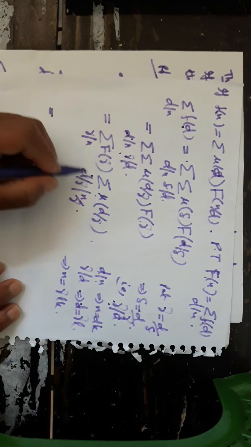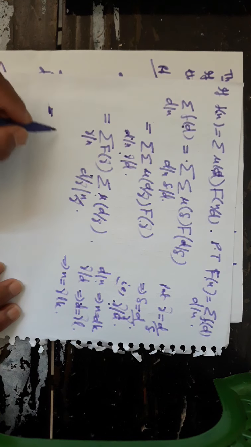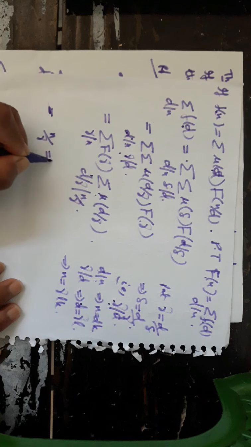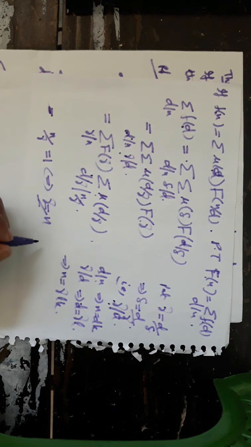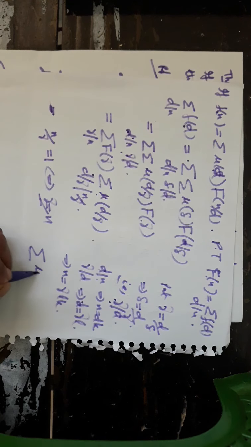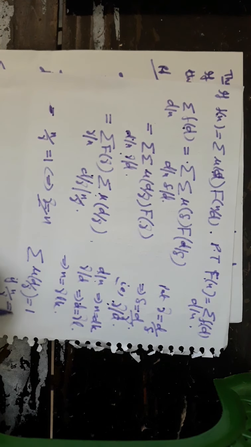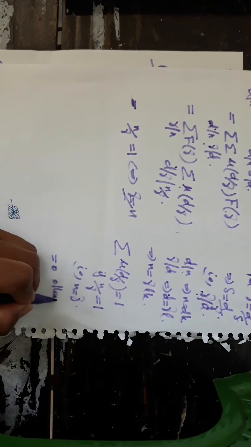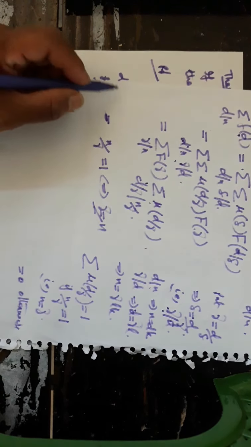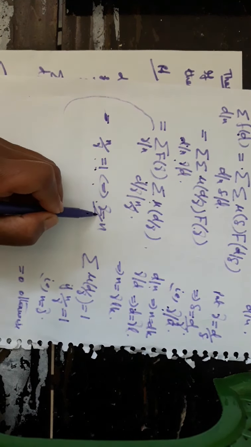So this last sum will reduce to f of n, as n by gamma will be equal to 1 if and only if gamma is equal to n, because the summation of mu of d by gamma is equal to 1 if n by gamma is equal to 1, that is, if n is equal to gamma, by theorem 1, and it is equal to 0 otherwise.